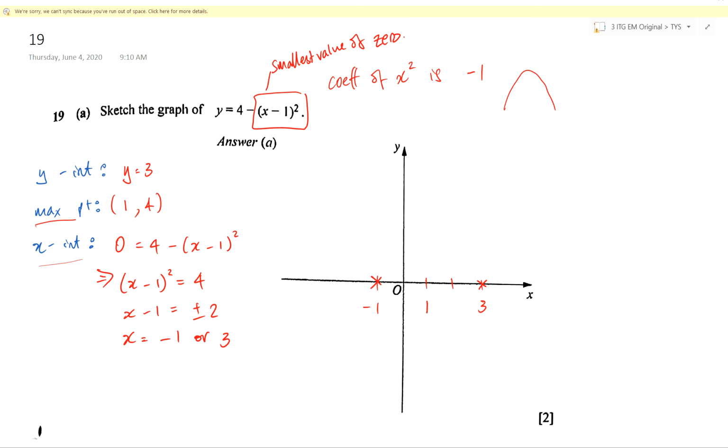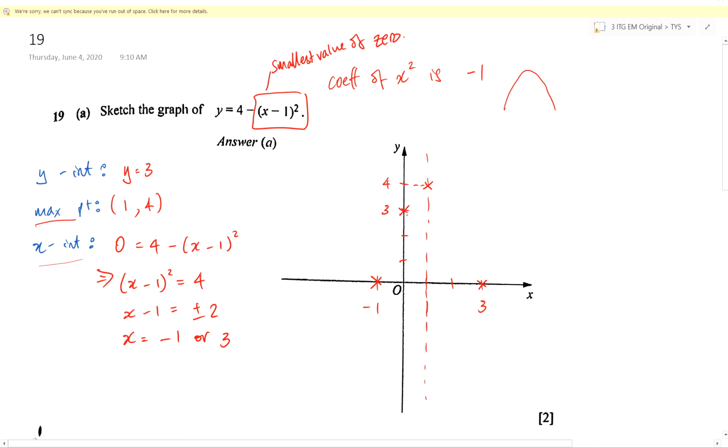That should make sense. It is symmetrical. And the maximum point is 4: 1, 2, 3, 4. Now we are left with the y-intercept of 3.